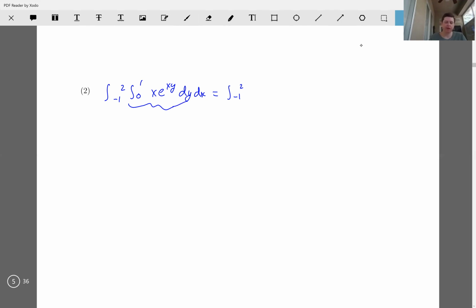X is just a constant, and it turns out that that inner integral is going to give me e to the xy, evaluated at the limits, dx. So I'm going to get the integral from -1 to 2 of e to the x minus e to the 0 dx, or e to the x minus 1.